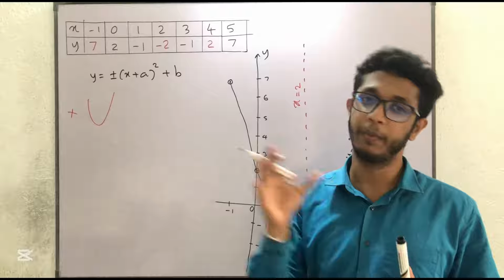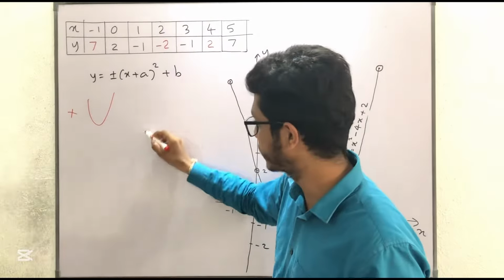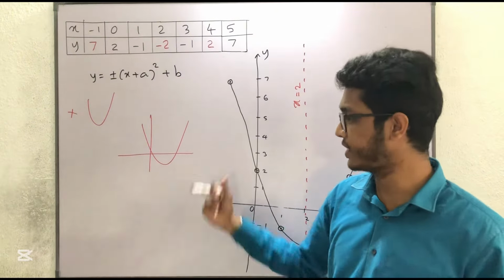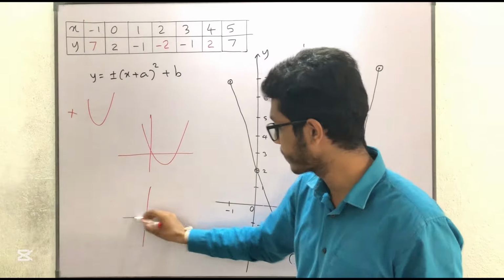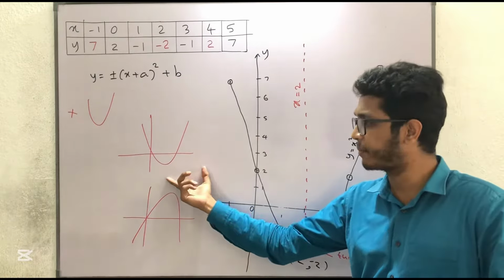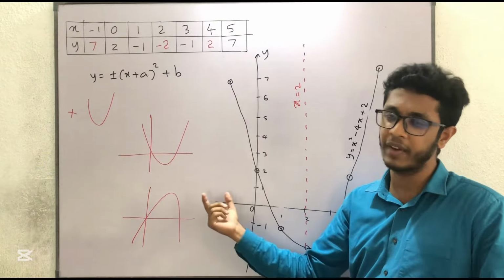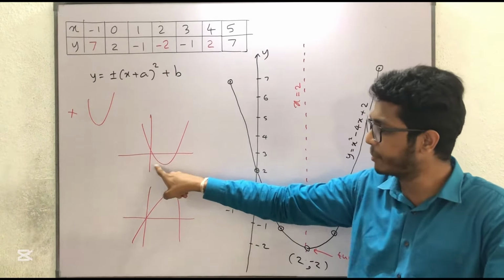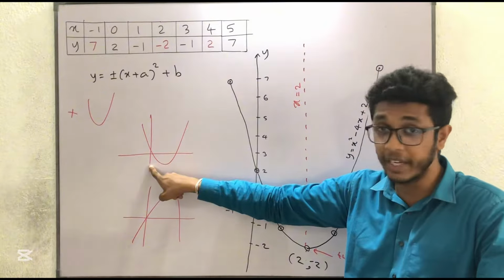There are two main types of graphs. Graphs with a minimum value, that means graphs with this shape, and graphs with a maximum value, that means these types of graphs. Why do we call these graphs with a minimum value? Because in these graphs, the y value has a minimum value.